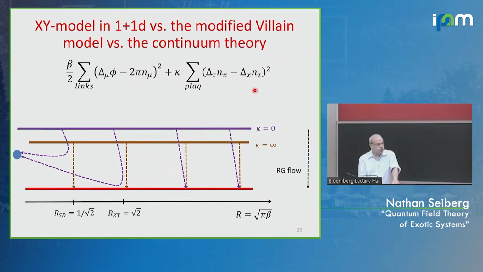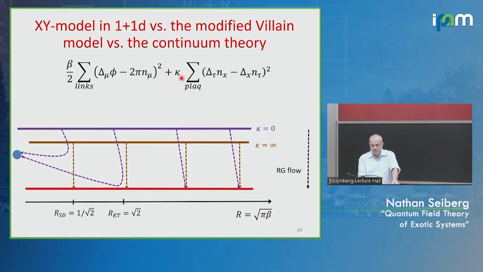Then we deformed the model, so we presented the 1-parameter deformation of this model by adding another gauge invariant term, which is essentially the field strength or the curvature of the integer valued gauge field n mu. And we were particularly interested in the limit as kappa goes to infinity.